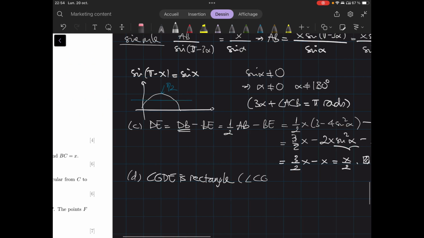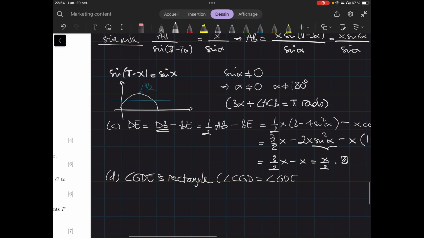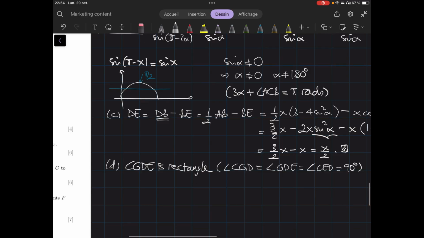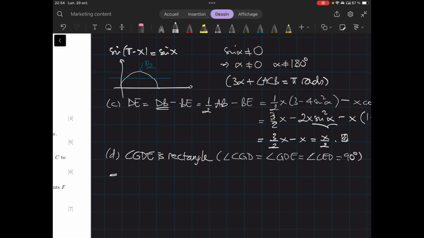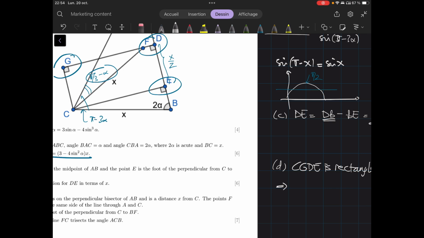Usually this explanation will be optional, but considering the number of marks associated with this part of the question and its relative length, I would suggest showing all your work and explanations. Because this is a rectangle, we can deduce that CG is equal to DE.